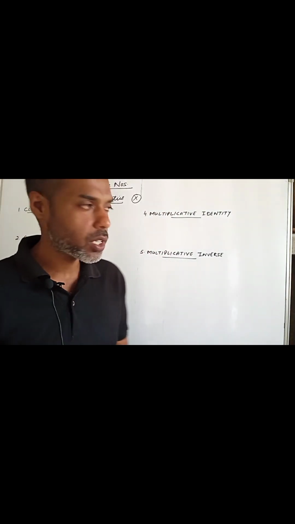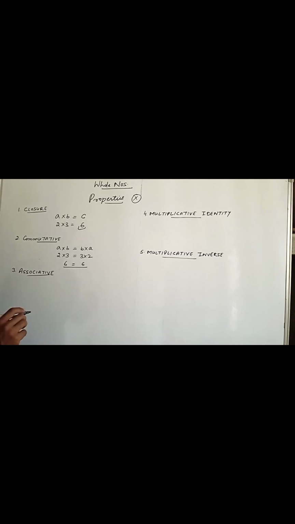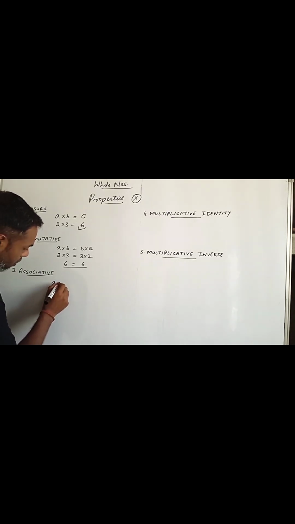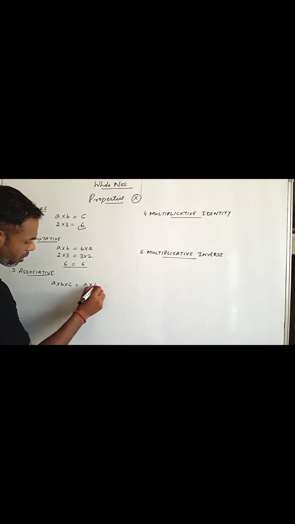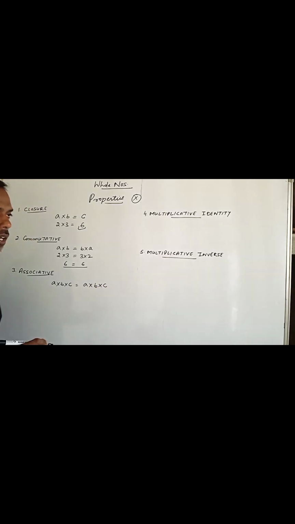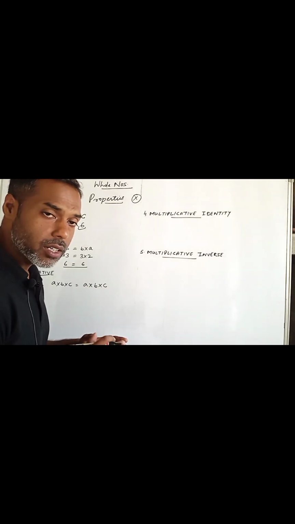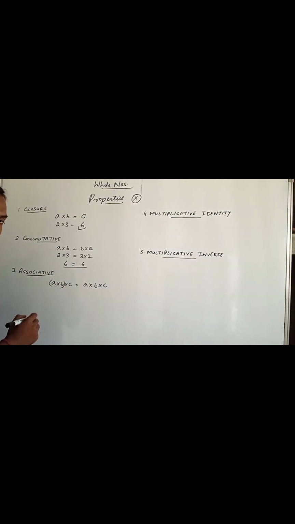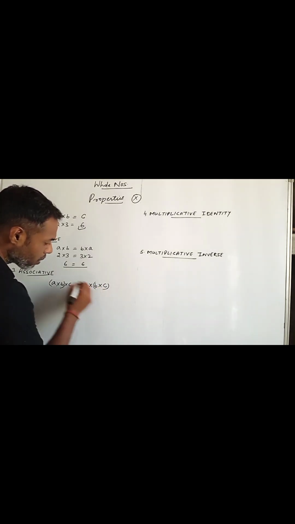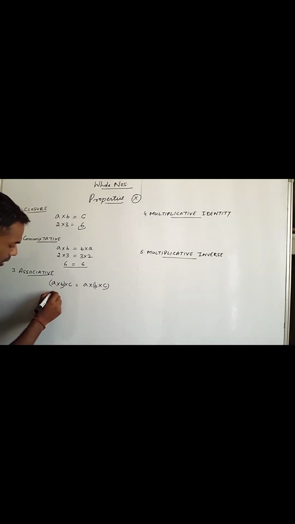The third is associative property. Associative property means if we are multiplying more than two numbers and we change the association, suppose on one side we first multiply this pair, and on the other side we first multiply that pair. Let us take the numbers 2, 3 and 4.